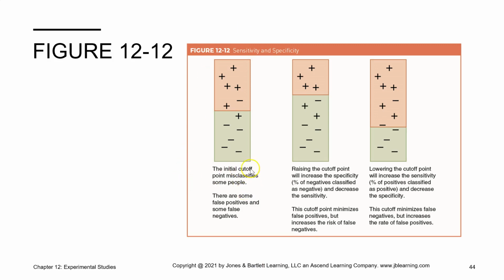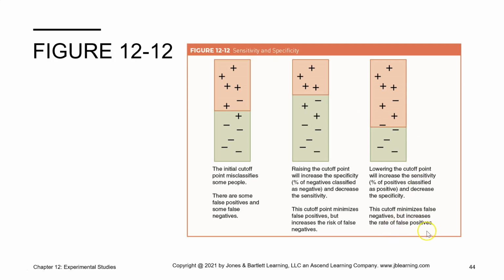So here we have the initial cutoff point misclassifies some people here. These are our negatives, and then you have one person who's a positive but is in the negative group. Here we have a few more, and then here we have less.